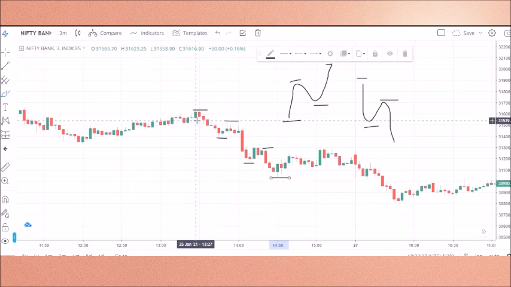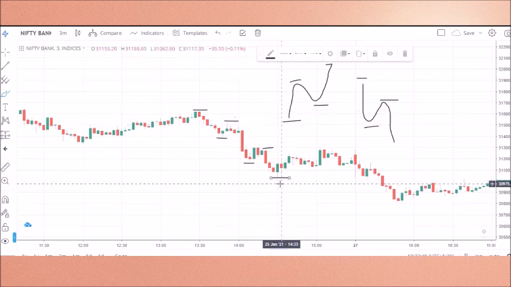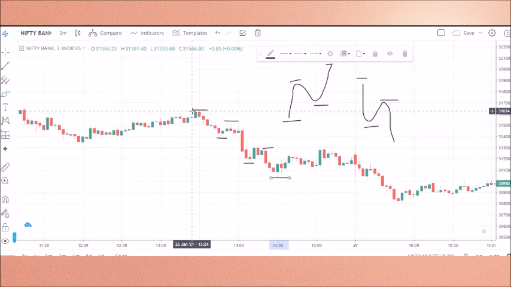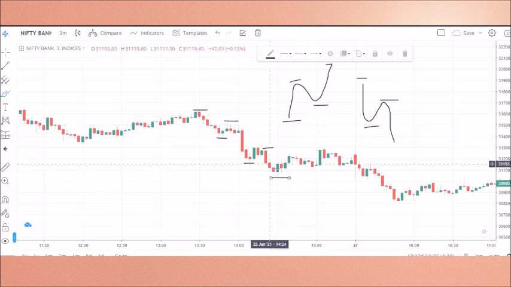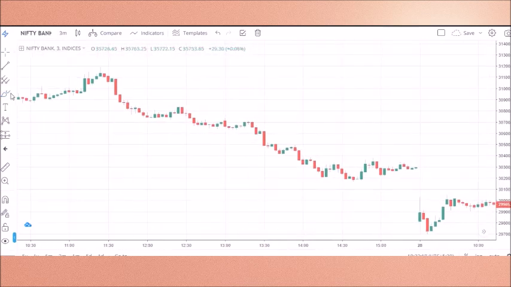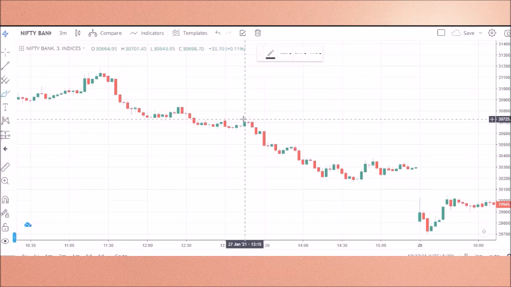So now let's concentrate only on the trend patterns. So this is a downtrend. For a downtrend you have to check from above, and the candles have to come in a sequence below. See, again you can get a clear picture over here.